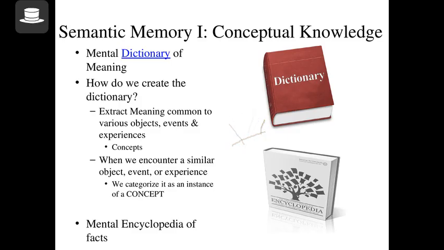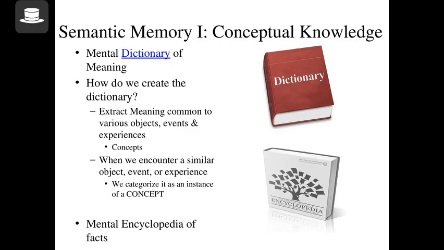Well, if you remember, we extract meaning from our common experiences. Like you have experienced a dog, and you've experienced a different dog. You've experienced a third dog. So you kind of assimilate this information and extract what is common across these experiences, and then you have this concept of dogs. So anything that has these features then belongs to this particular concept.